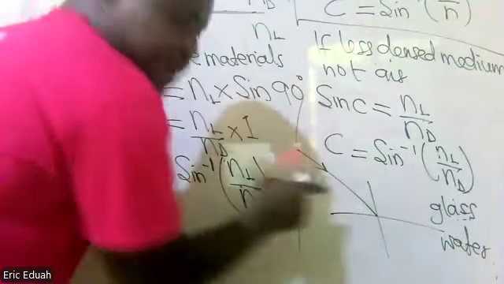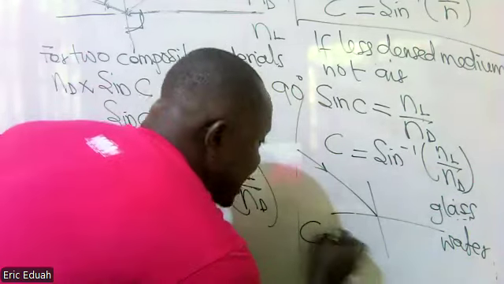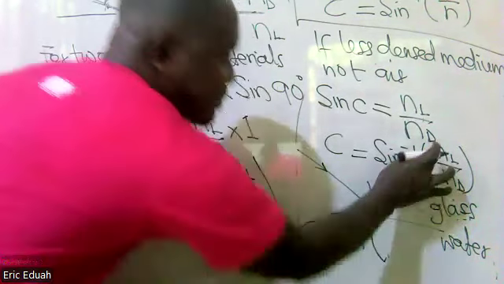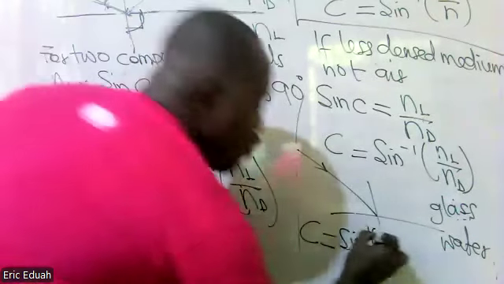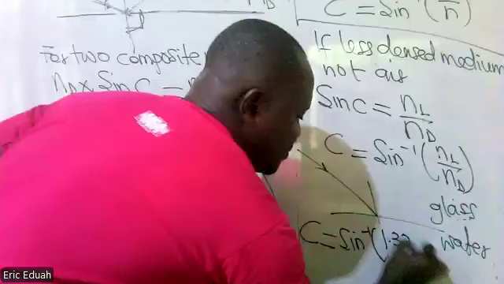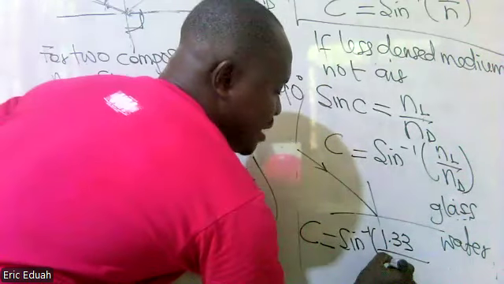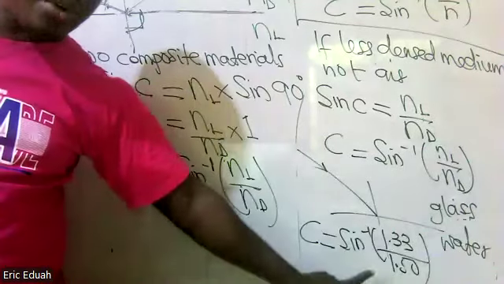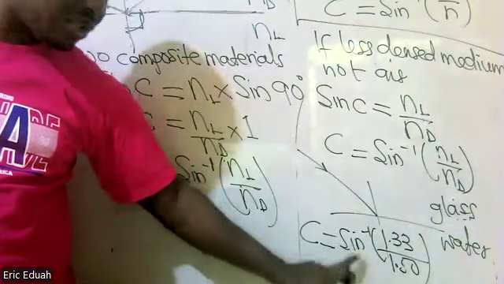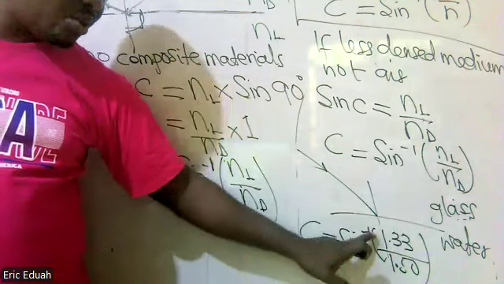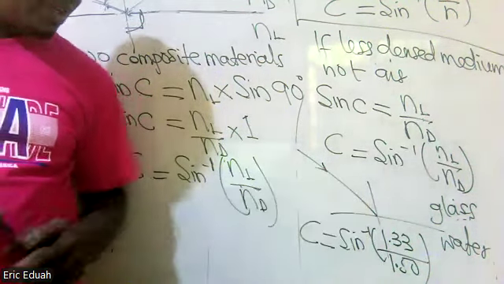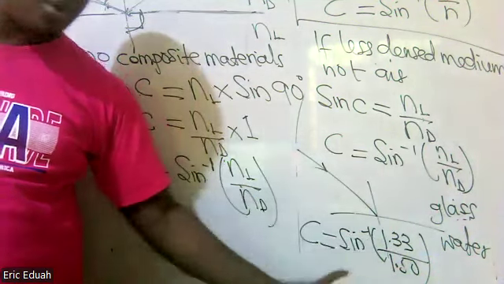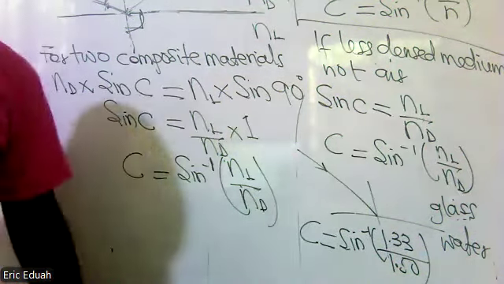So in this particular instance, the critical angle will be equal to sine inverse of the absolute refractive index of water, 1.33, divided by 1.50. Please calculate this for me. If we have this situation, what then will be the critical angle of the glass? So divide 1.33 by 1.50 and take the sine inverse of it for me.